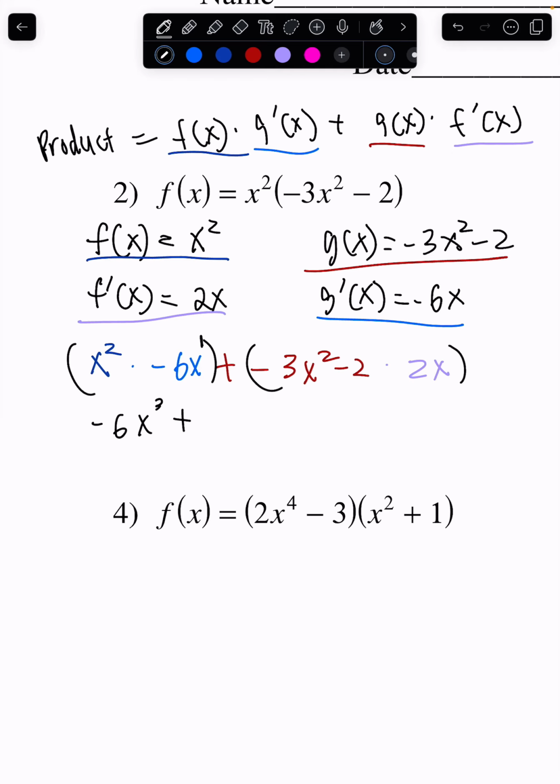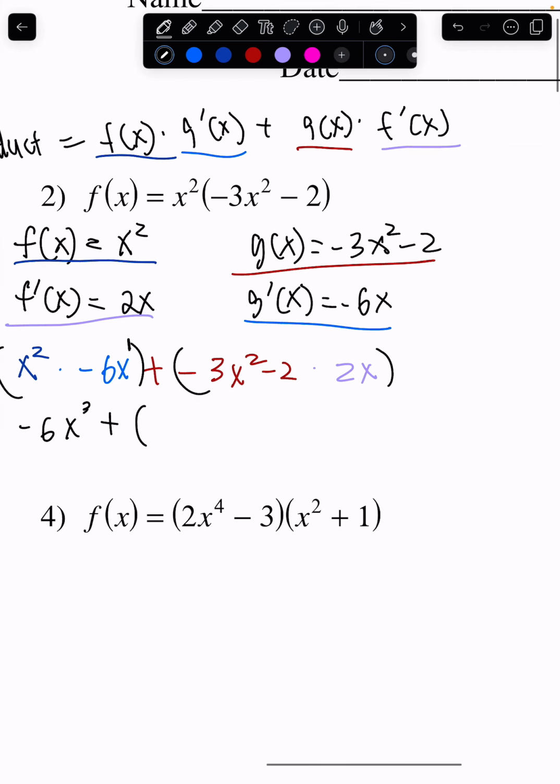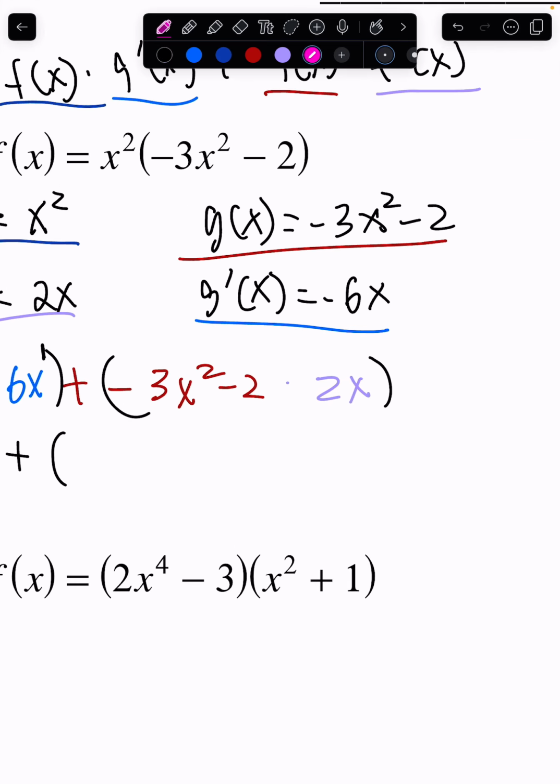Okay, then you're going to put the plus, and then we're going to first multiply the first term, negative 3x squared and 2x, which gives you negative 6x cubed, because this also has a 1, and when you multiply these powers, you always add them together. And then next we're going to do the second term, so that's going to be negative 4x.